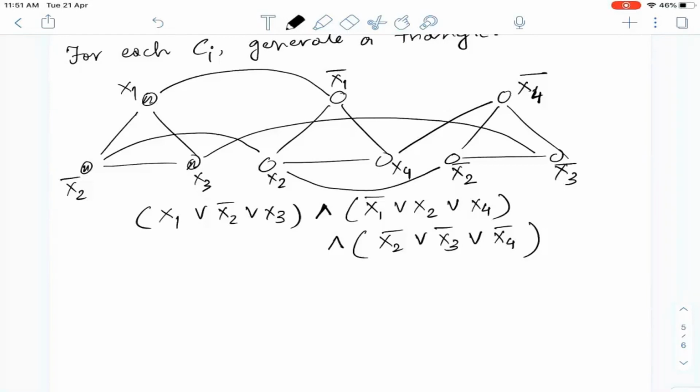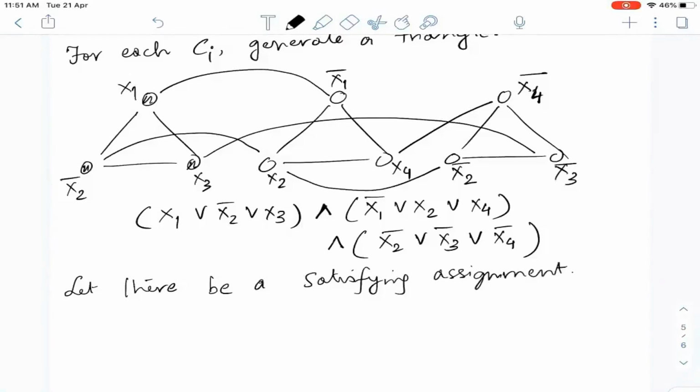So this is what I'm claiming. Let there be a satisfying assignment. The independent set that I will form is the following.